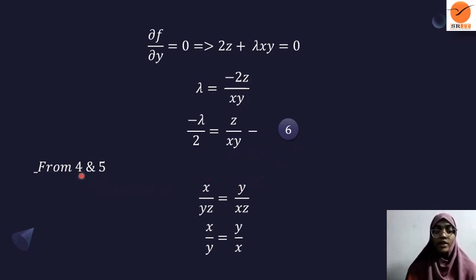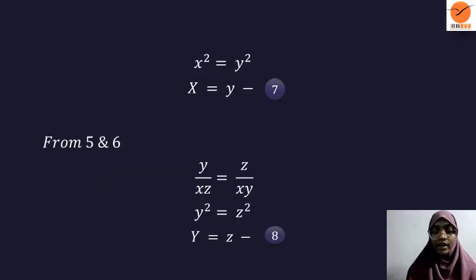Now from equations 4 and 5 we get x by yz equals y by xz. Here z and z get cancelled, then we get x by y equals y by x. By cross multiplying we get x square equals y square. We can write this as x equals y. So this is equation number 7.